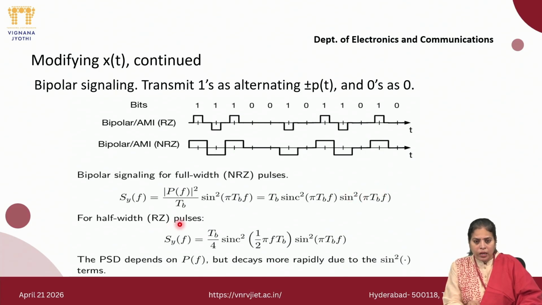The same holds if you compute for the RZ pulses: the power spectral density will still be a sinc square function multiplied by a sine square function, with a little difference in some values. So the PSD of the RZ or NRZ form will depend on P(f), but it will decay more rapidly due to the sine square term, which is possible only in the bipolar form.